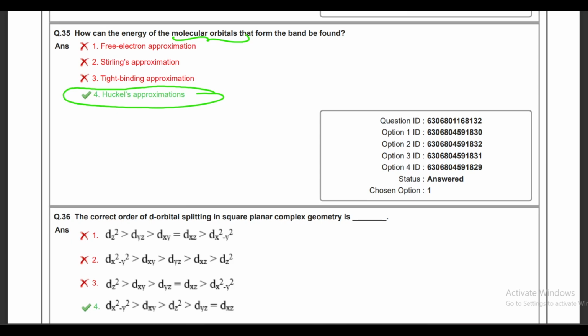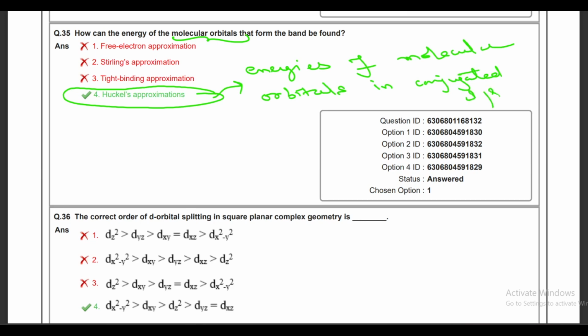Huckel approximation is a method used to determine the energy of molecular orbitals, used to get information about energies of molecular orbitals in conjugated systems.